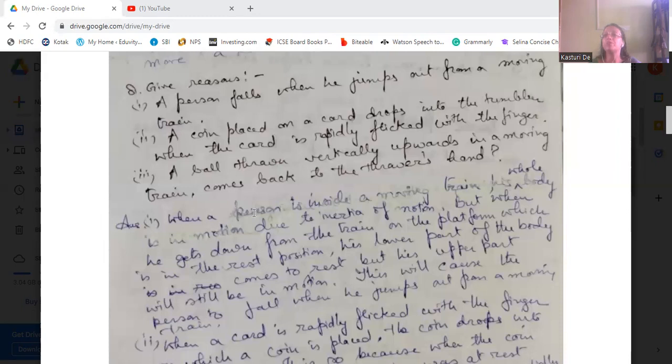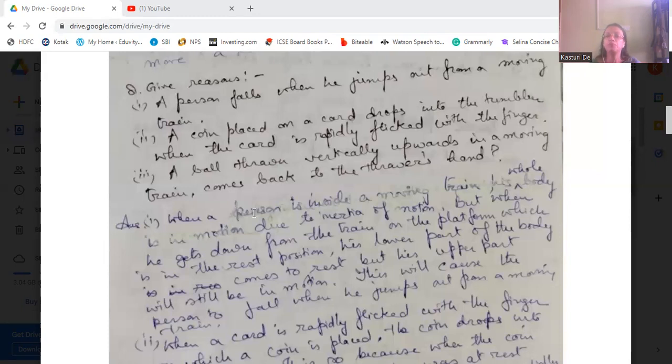That time what happens? The lower part of the body suddenly comes to rest, but his upper part of the body is still in motion. So there is a chance of the person to fall, when he jumps out of a moving train.